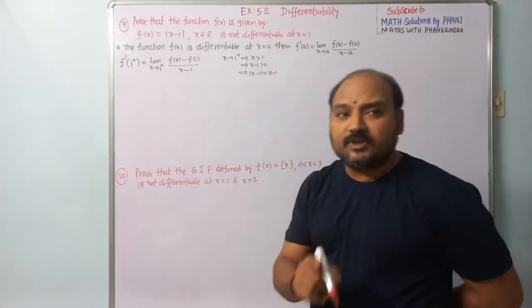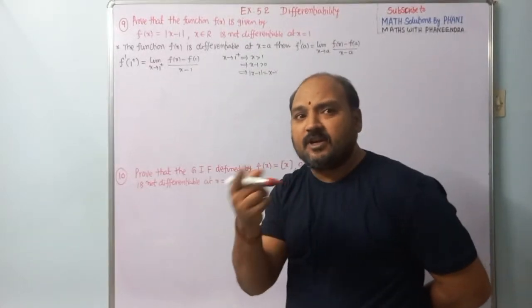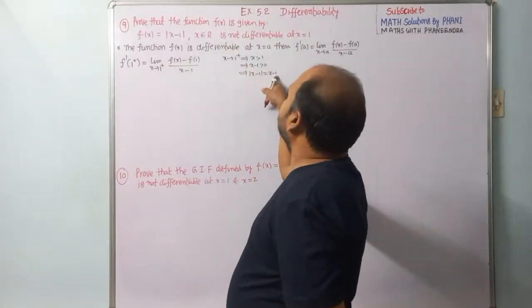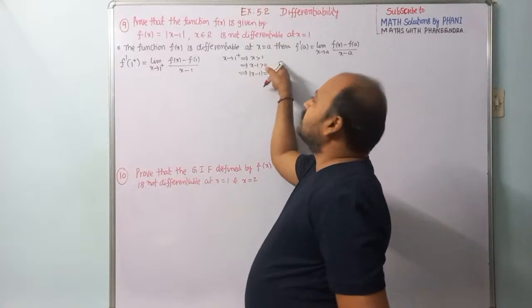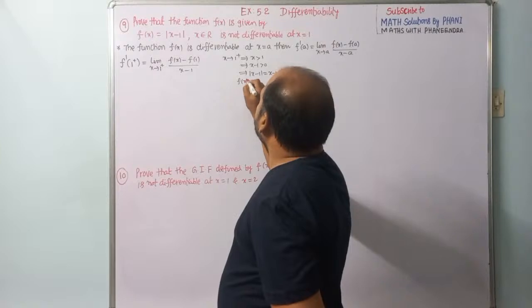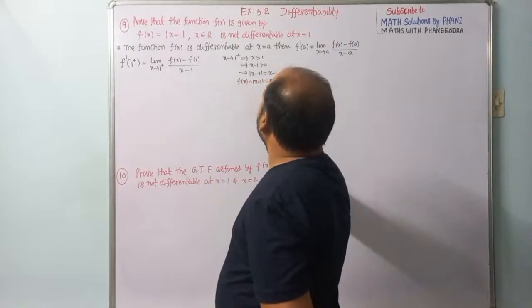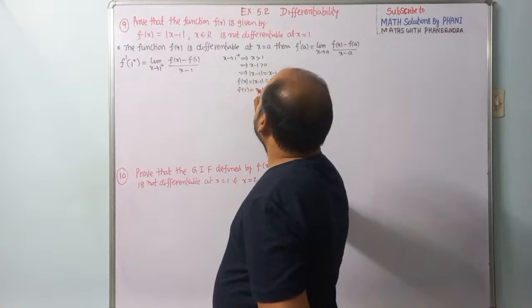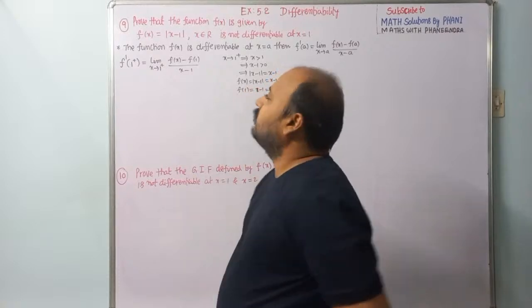Mod of x minus 1 is generally plus or minus x minus 1 based on greater than 0 or less than 0. Here mod x minus 1 equal to x minus 1, since x minus 1 is greater than 0. So f of x equal to mod x minus 1 equal to x minus 1. So f of 1 equal to 1 minus 1, which is 0.